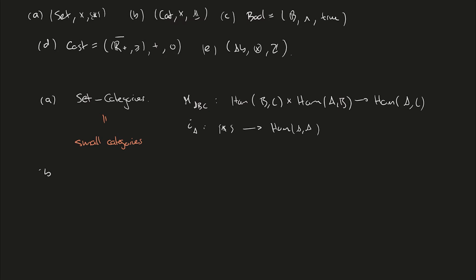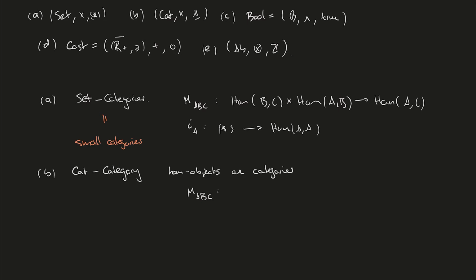Next, let's think about what a Cat category is. In this case, the Hom objects are categories, and we have a functor that specifies composition.